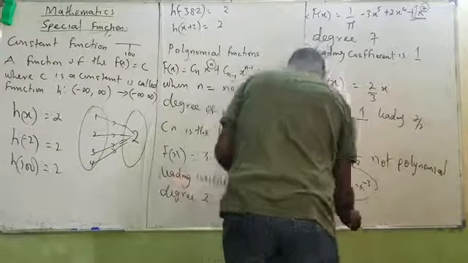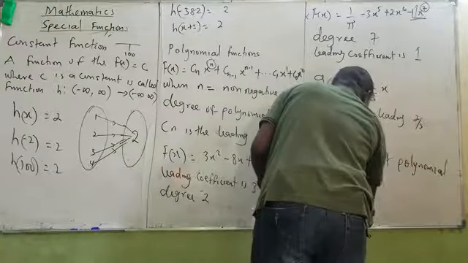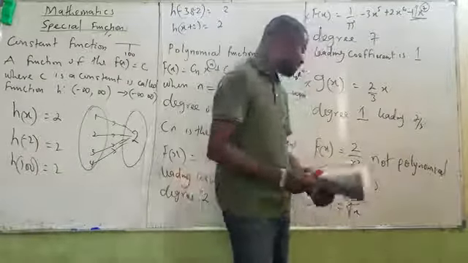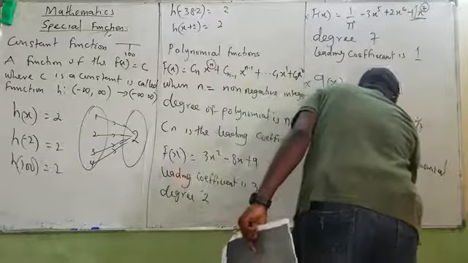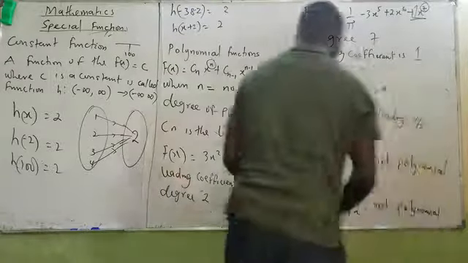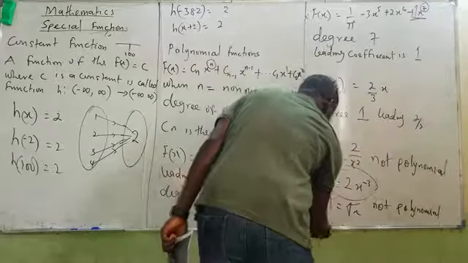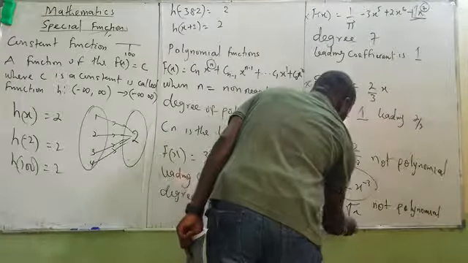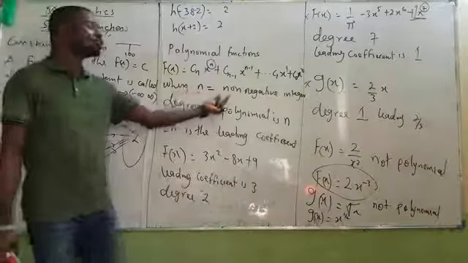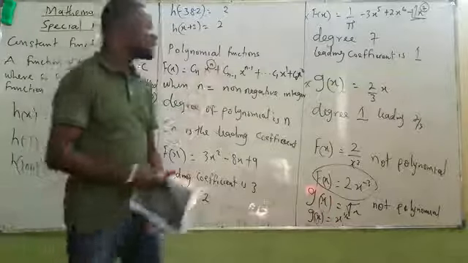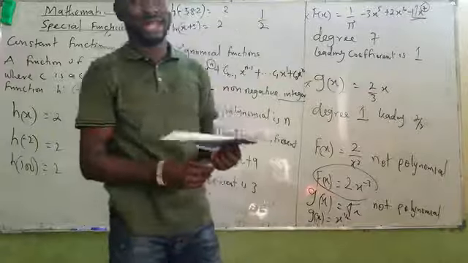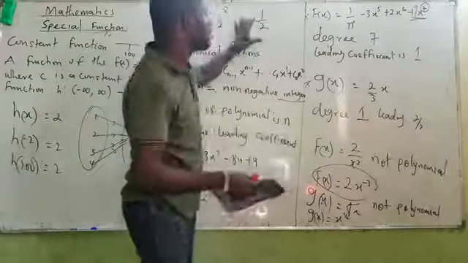Another thing that I want to show you is when you have g of x equals root of x. This is also not a polynomial, because I can easily write this as x raised to power 1 all over 2. And I've told you the condition: it must be a non-negative integer. 1 all over 2 is not an integer.